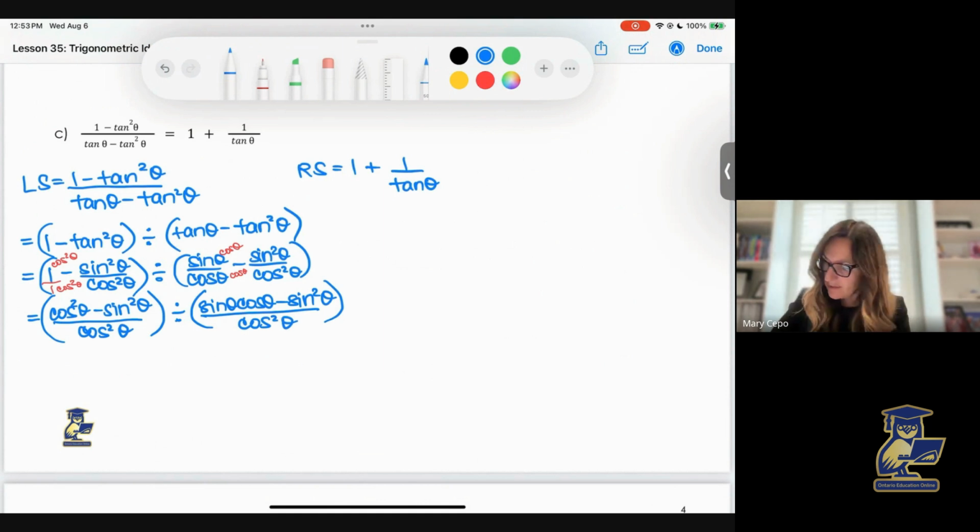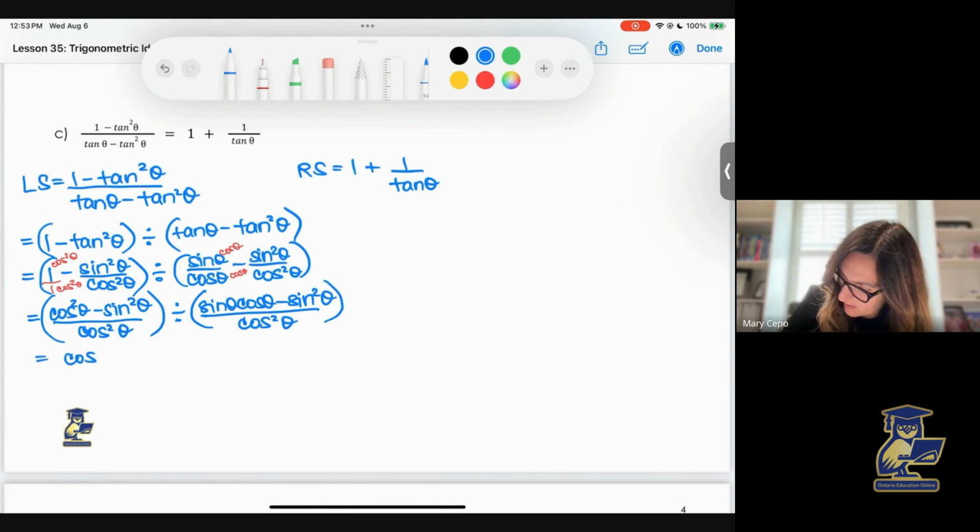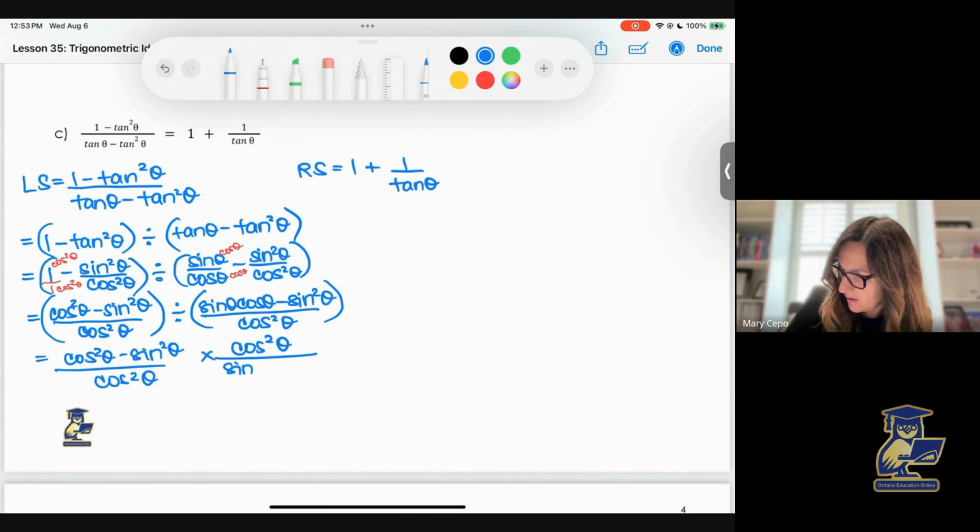Okay, so in this case we want to make sure that we can divide them. So we keep the first and we take the reciprocal of the second. So cosine squared theta all over sine theta cos theta minus sine squared theta.